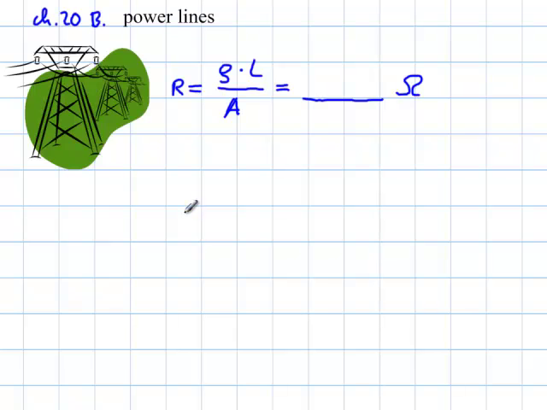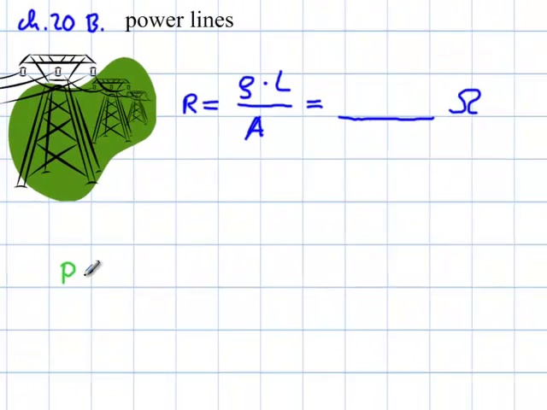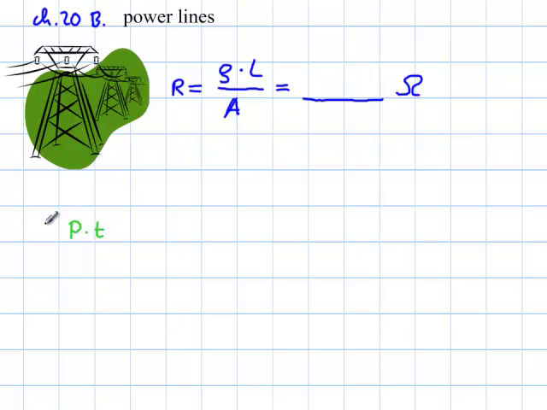For this one here, the resistance is relatively small, but we have to look at that in power lines. And by the way, this is on top of the problem. This is doing something on top of it. We have to look at that, well, there is some kind of energy loss in there, or power loss, which of course is times time. So the power lines take up some energy.